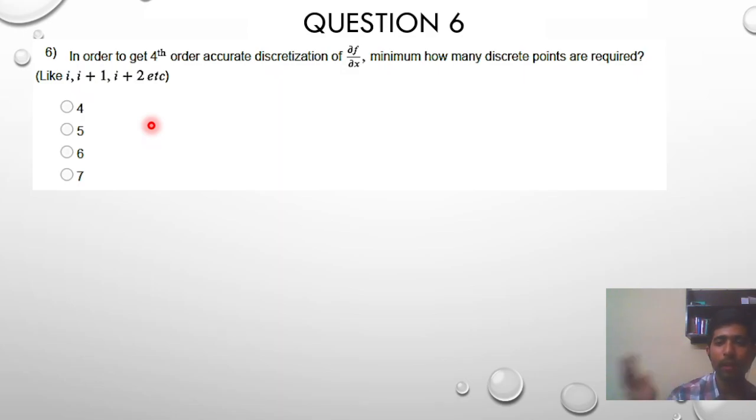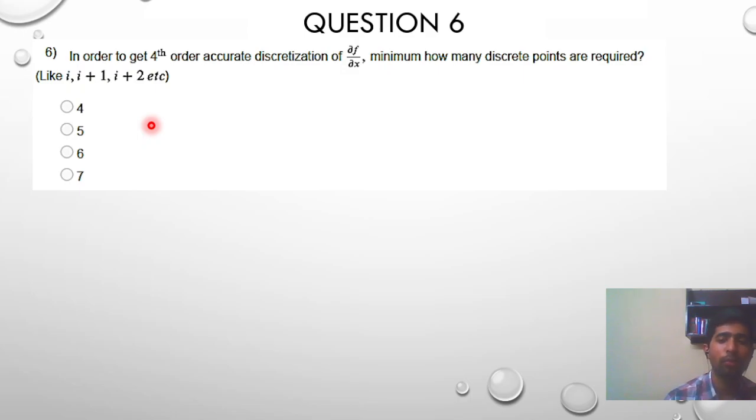They have not mentioned whether you will be using forward difference, backward difference, or central difference. You have the freedom to choose any difference scheme here. The question asks minimum how many discrete points do you need?